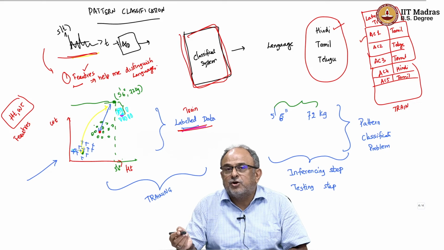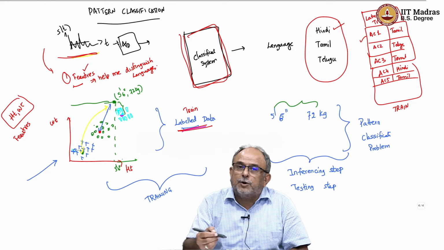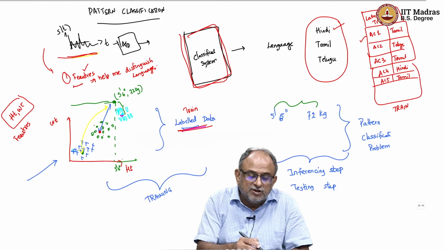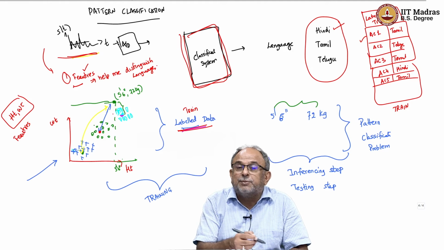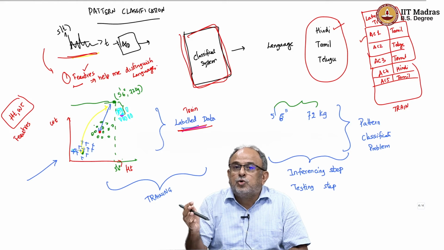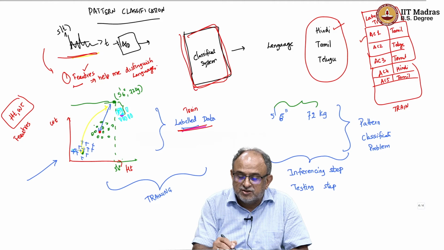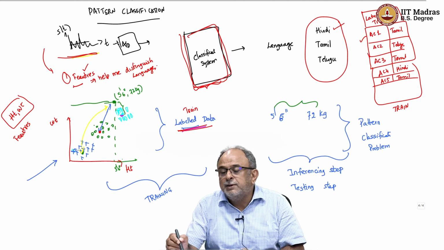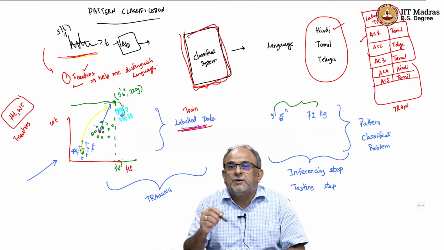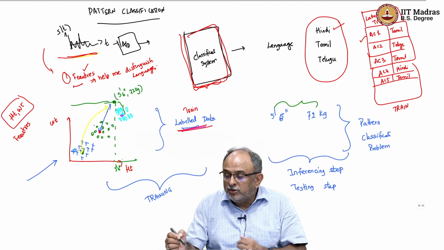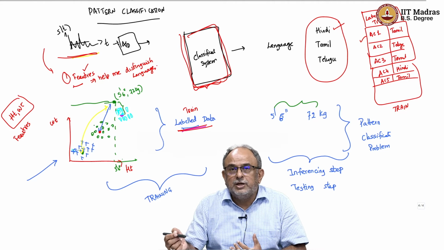If it gives me the wrong output, I will backpropagate if I am building a neural network, or if I am using some other distance measure or some other criteria, I will then use that error to adjust my classification system so that my next prediction on the training data improves, and I will keep repeating this training process until I am able to get reasonably good performance on the training data.